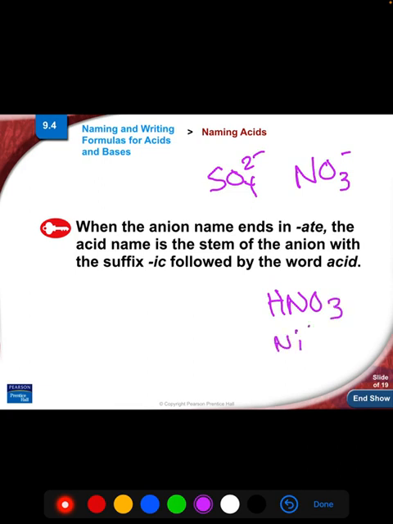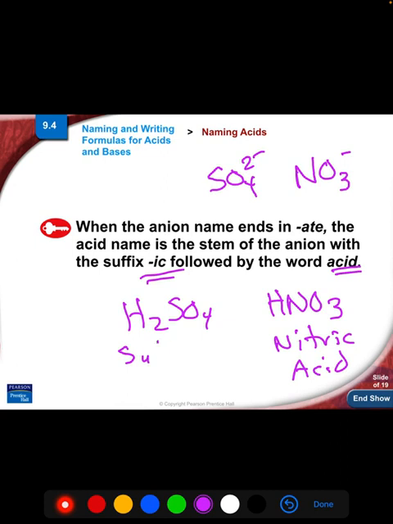This is nitric acid, followed by the word acid. Okay, so the ate salt, or the ate anion, when combined with hydrogen, becomes the ic acid. And similarly, this sulfate becomes another common laboratory acid, sulfuric acid. And these were salts.